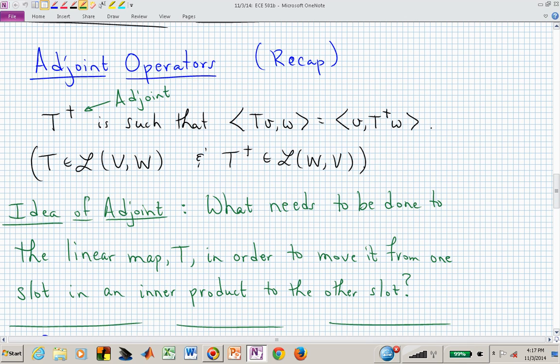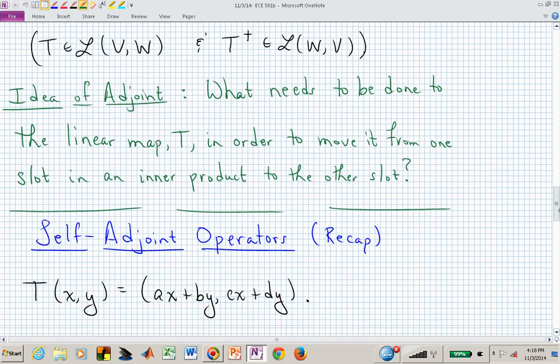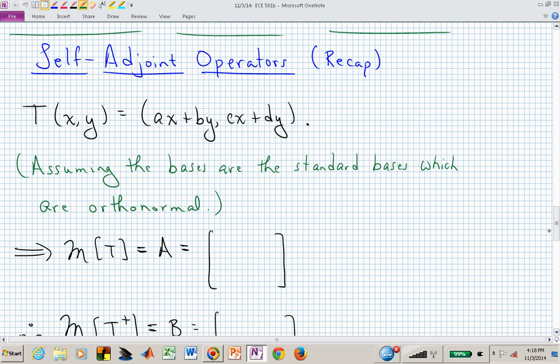But if somebody says, now I want the adjoint of that linear operator, you tell them how the inner product is defined, and then they need to figure out how to make the equality of the two sides consistent or the same. And that's going to define my adjoint. I'm now moving that operator to the other slot. That's the adjoint. Self-adjoint means that the operator, or its matrix representation, is equal to the matrix representation of its adjoint.